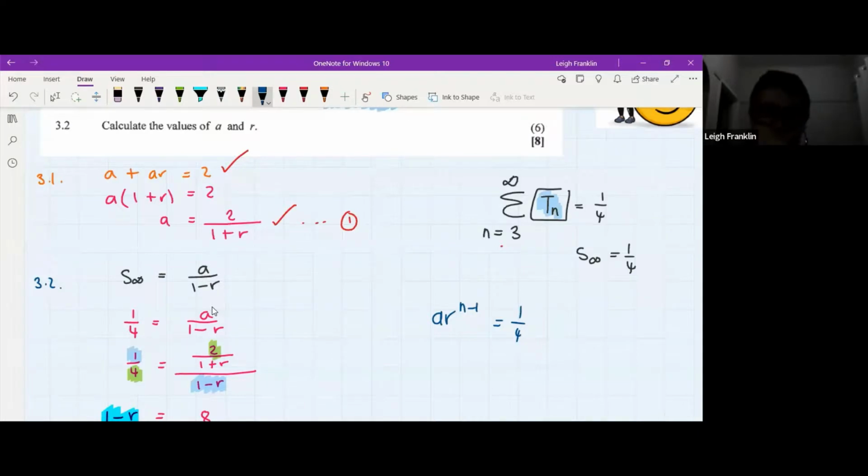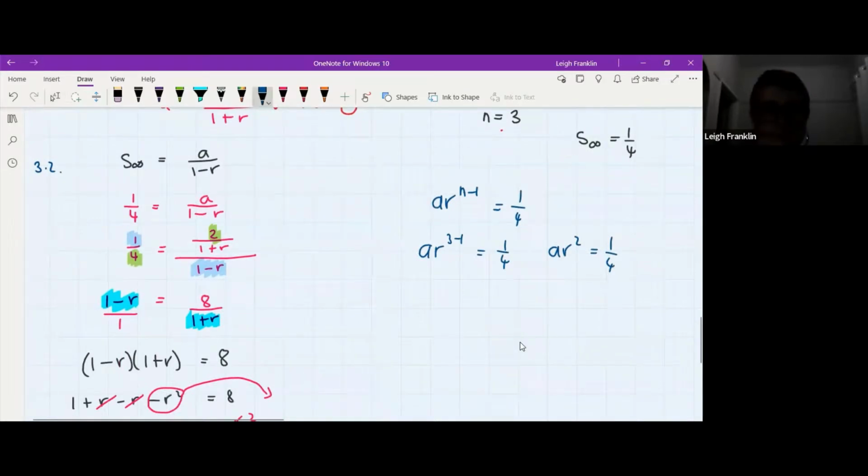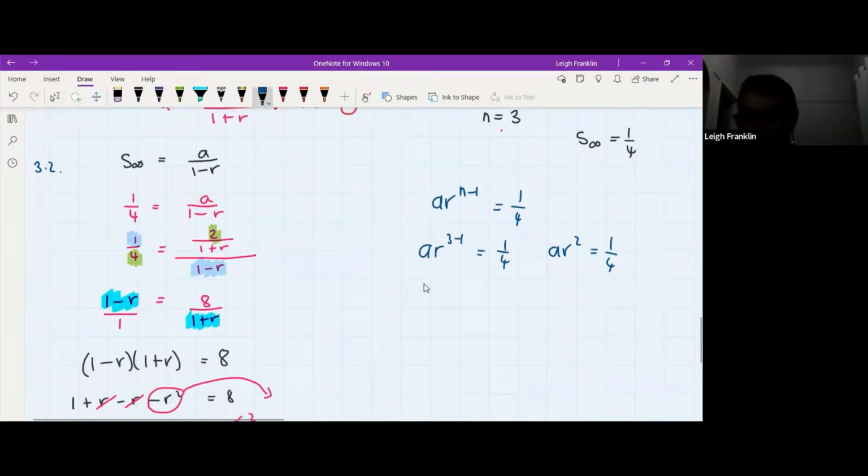Oh, but hang on, if you put in 3, ar to the 3 minus 1 is 1 over 4. 1 squared, 1 over 4. A was equal to 2 over 1 plus r times r squared is equal to 1 over 4.